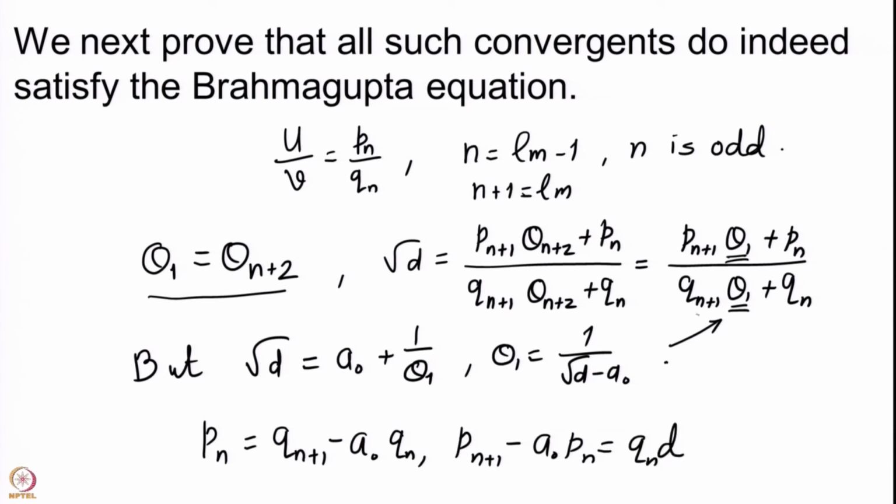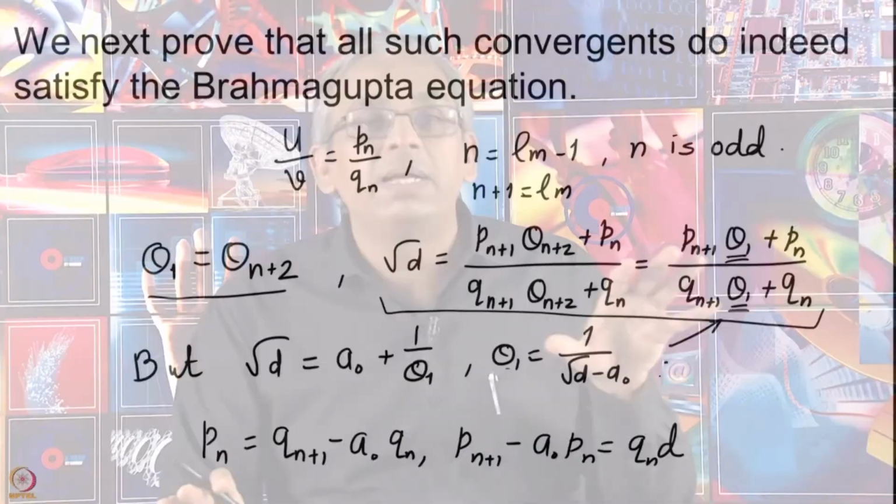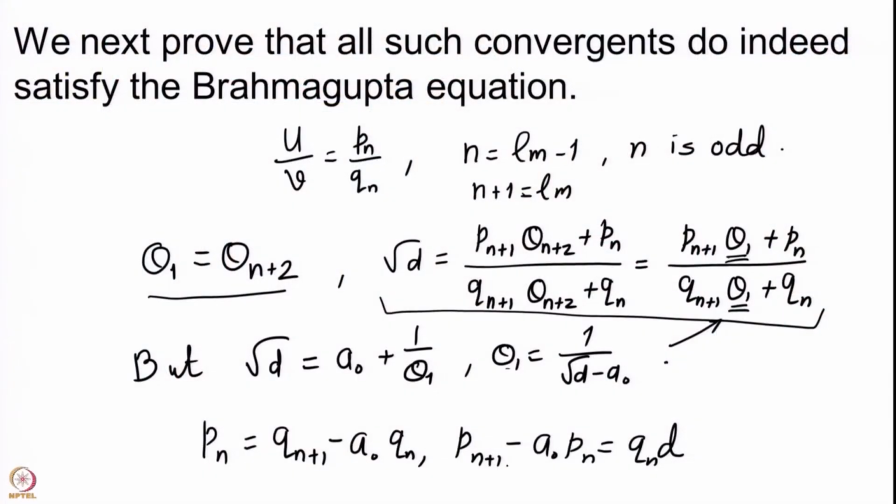So, when you expand this out, by putting theta 1 equal to 1 upon root d minus a naught, we get two sides where you have some multiple of root d plus an integer equal to some another multiple of root d plus another integer, and then these multiples of root d will have to be same, and the integers then also will have to be the same. So, therefore, we get these two particular equations. We try to eliminate the a0 from these equations.